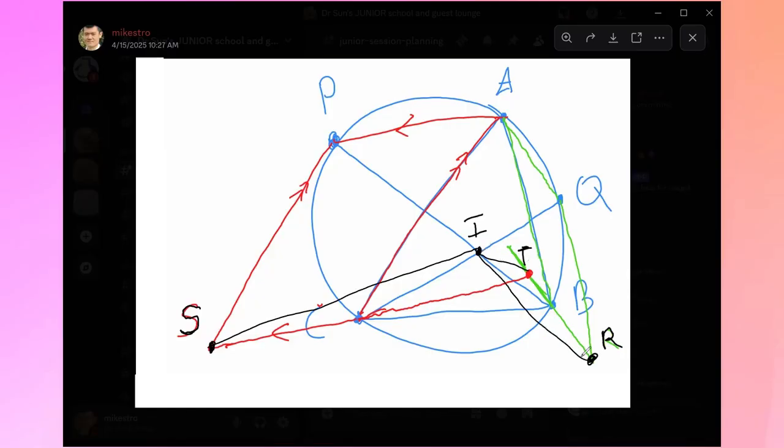You could also join R and S, but I feel like if you join R and S, you're gonna have to find more angles. Let's just deal with these ones for now, okay? Do you notice anything about these angles?